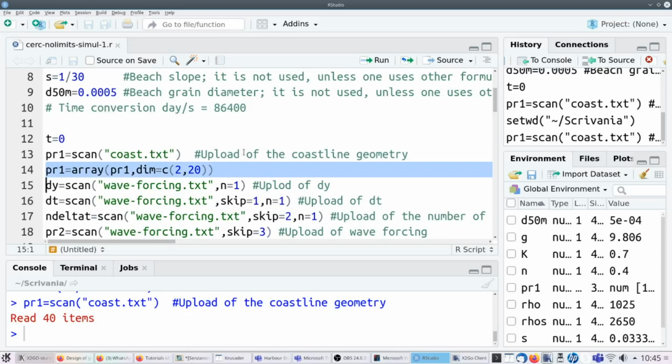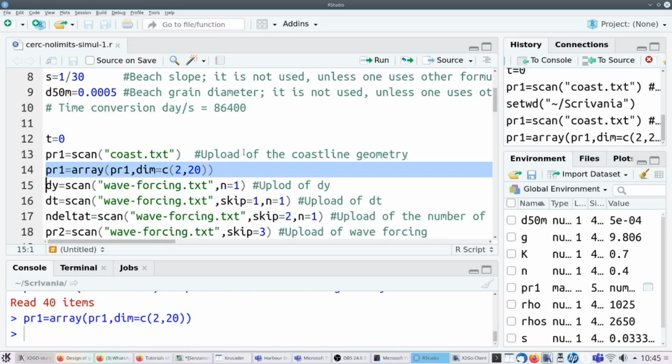And here I put the two columns in an array which contains the dx and the y. Very good. Now we have to scan, sorry, not the coordinates. This is an array with the x and y coordinates of the coastline. PR1 is the array with the x and y coordinates of the coastline.